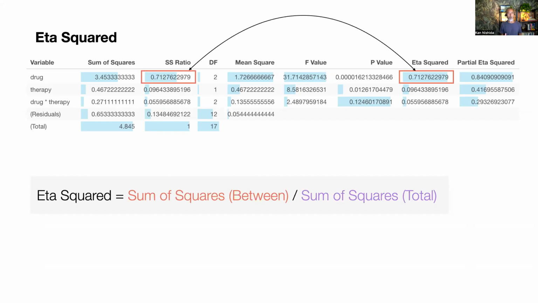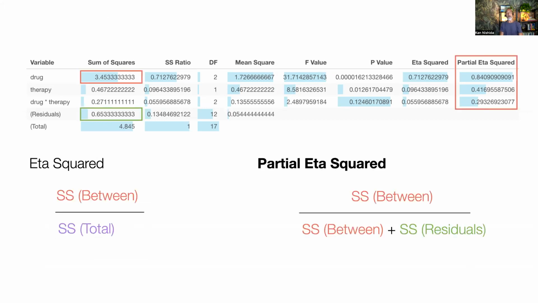When you were doing a one-way ANOVA, the partial eta squared and the eta squared are basically the same, and that's okay, it doesn't have any problem. But when you want to do the two-way ANOVA, some people recommend partial eta squared because of this calculation.